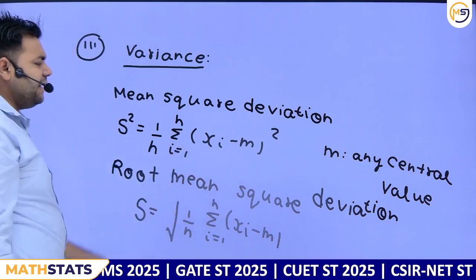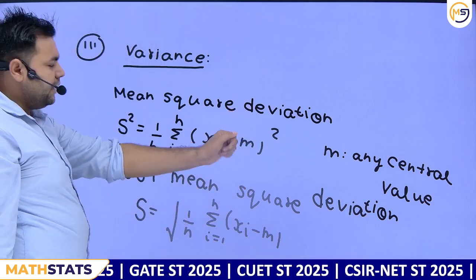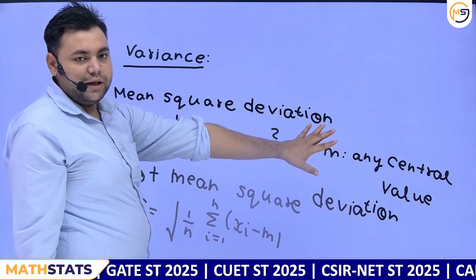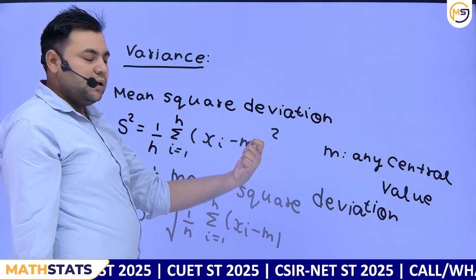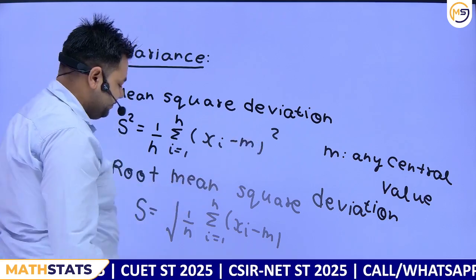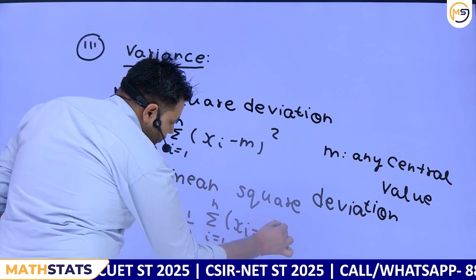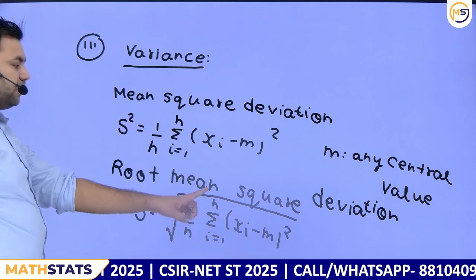You can also write here not m, here write alpha, b, a, anything. This is any central value. This m is not fixed, so you can use any symbol here: m, capital A, capital B, small b, anything. So this is called root mean square deviation.